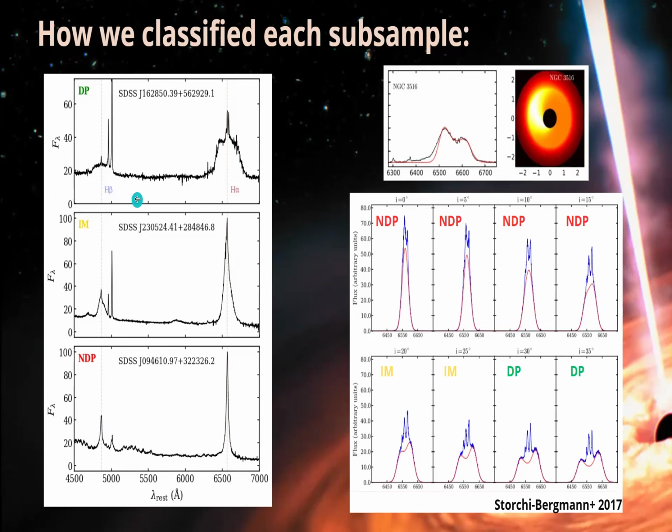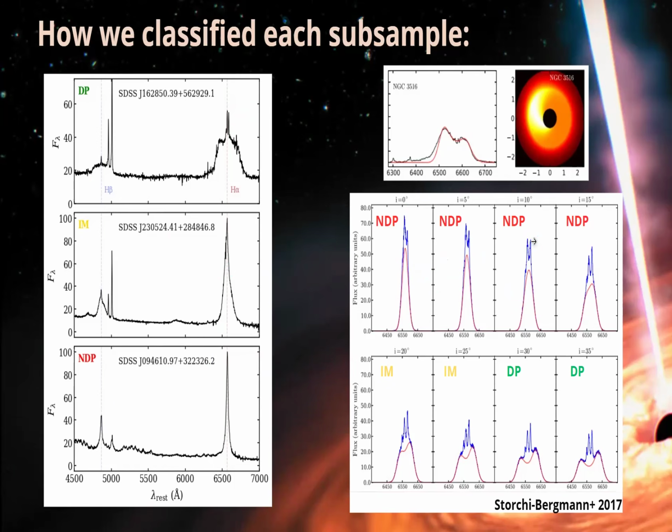We classified them into three groups: non-double peaked, intermediate, and double peaked. The non-double peaked group includes objects whose emission lines show only a single peak in H alpha and H beta, and they are associated with inclinations between 0 and 20 degrees.